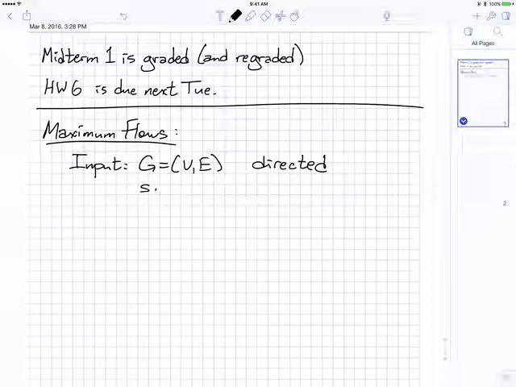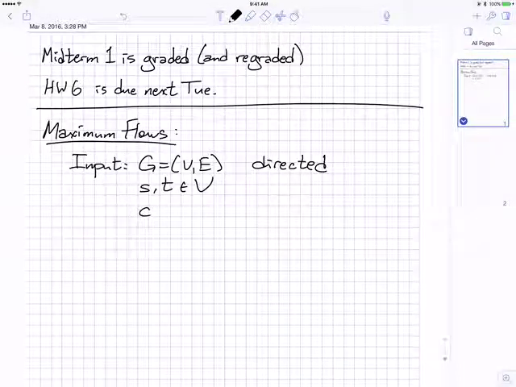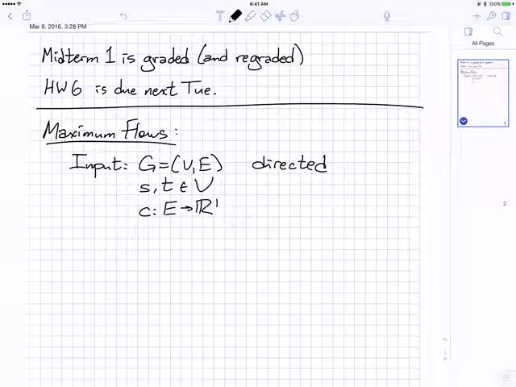You're given two vertices, a source and a target in this vertex set, and you're given a capacity function that assigns a positive real number to every edge.